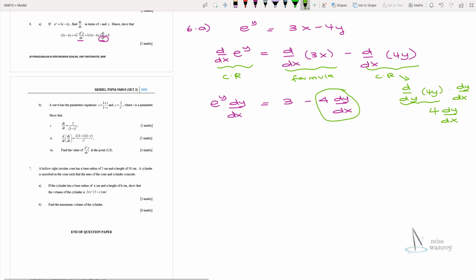So I'm going to bring it to the left hand side. So I will have e^y plus 4 dy over dx, and this is equal to 3. So that means dy over dx is equal to 3 over e^y plus 4. So this is my dy over dx.